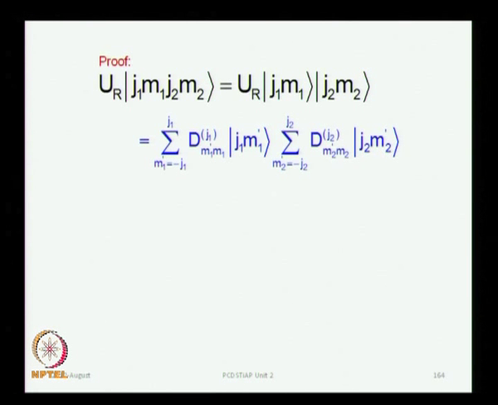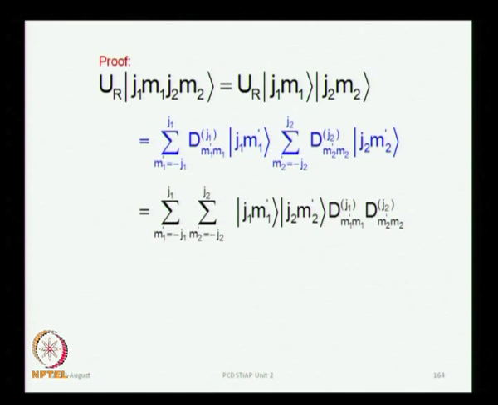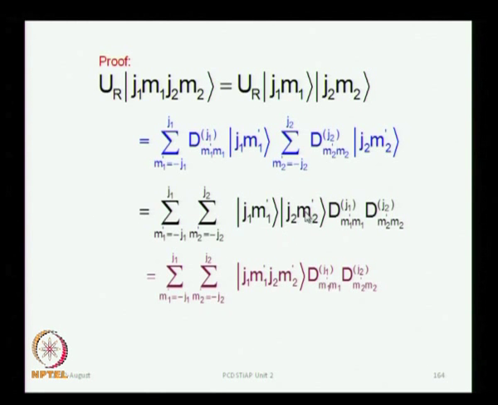Now let us write this in a slightly different form, in which all I have done is to write the Wigner-D matrix elements over here, and then write these factor states out explicitly. It is the same expression written differently, and I compose the direct product states to get J1 M1 prime, J2 M2 prime, and this is the result of the operation by the rotation operator on a direct product state.